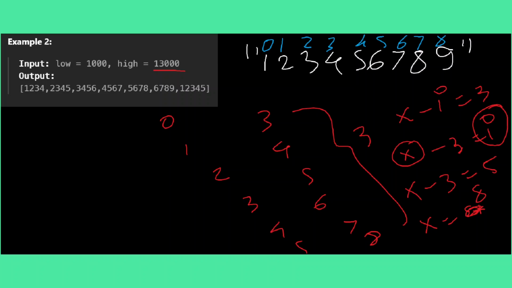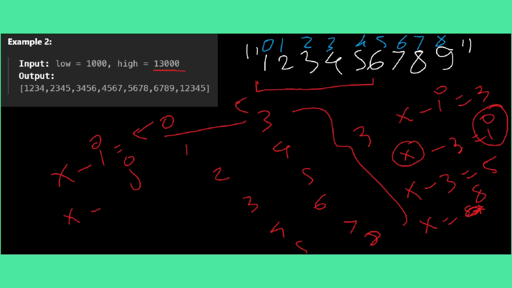And let's assume I want the biggest number. What would the biggest number be? 1, 2, 3, 4, 5, the same digits. So there is a difference of 5, right? 0, 1, 2, 3, 4, 5. So x minus i would be equal to 5.